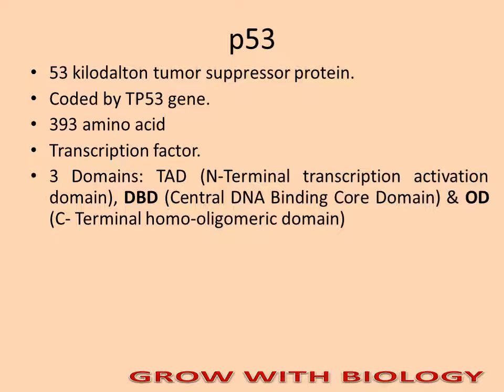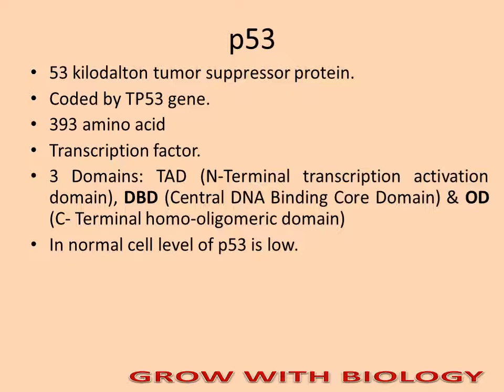And in the center part there is the DNA binding domain. Now all these domains help in binding of P53 to a DNA, and then binding of this P53 will help in expression of those DNAs or those proteins which are encoded by the DNA.